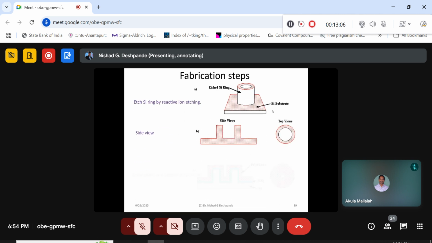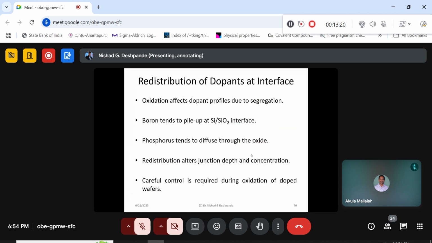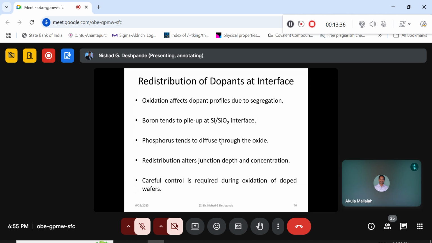We also talked about how one can fabricate a proper device, I mean, the channeling of this device is possible. That is what we have already discussed. We talked about the redistribution of dopants at the interface also. This is where we were discussing the transition processes, where you have a proper silicon dioxide interface and beneath it the silicon wafer.